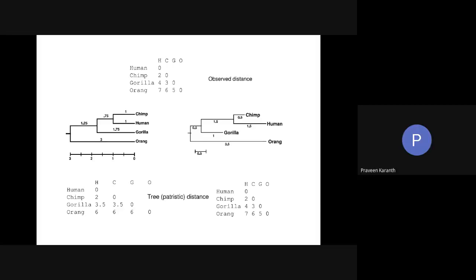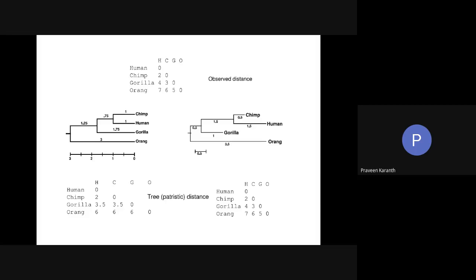Okay. If you now calculate, say, the distance between human and chimp on the tree, that would be the tree distance between human and chimp. And if you add up the branches, 1.5 plus 0.5, that gives you the tree distance, right? So similarly, you can calculate the tree distance between, say, gorilla and chimp.